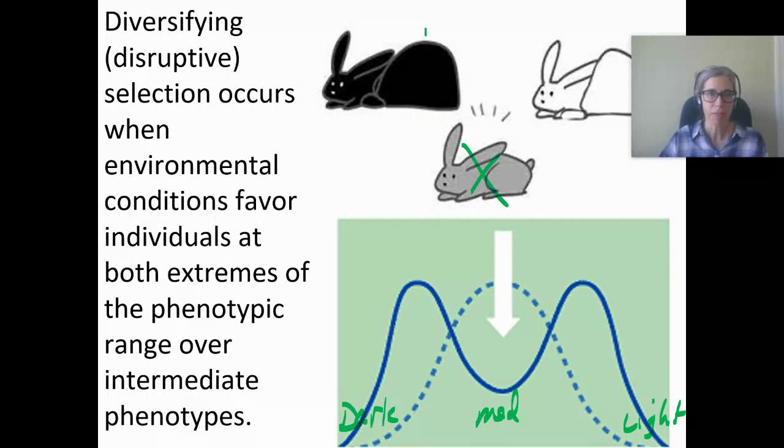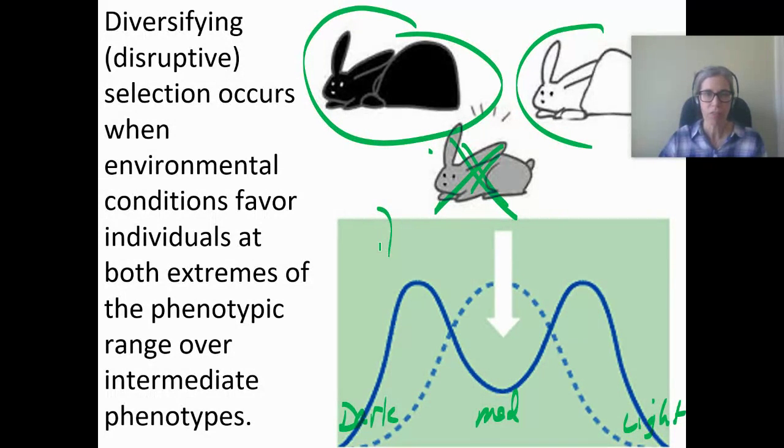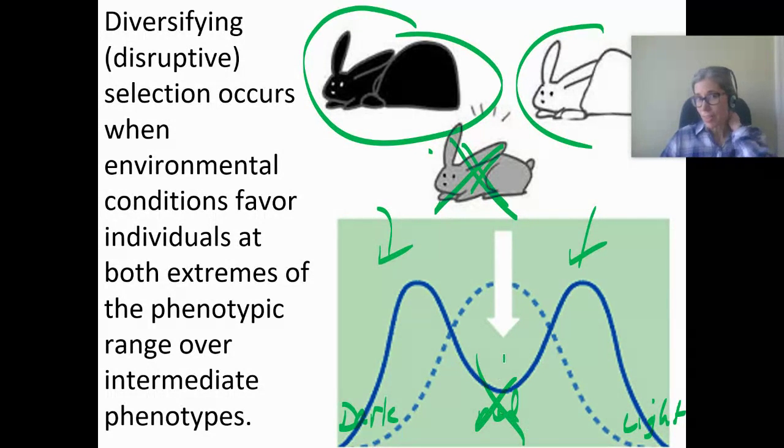And so perhaps the dark bunnies blend in and the light bunnies blend in, but the gray bunnies don't blend in, and so they get eaten. So this is favoring each extreme and selecting against the middle phenotype. This might possibly be the beginning of a sympatric speciation event, or maybe it's not.